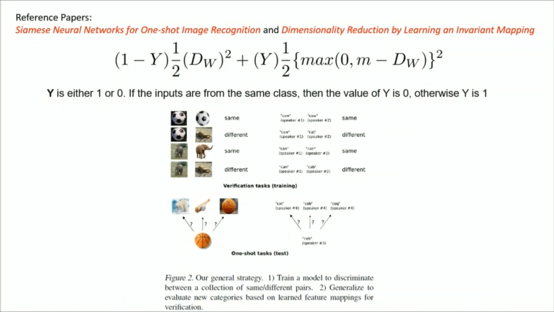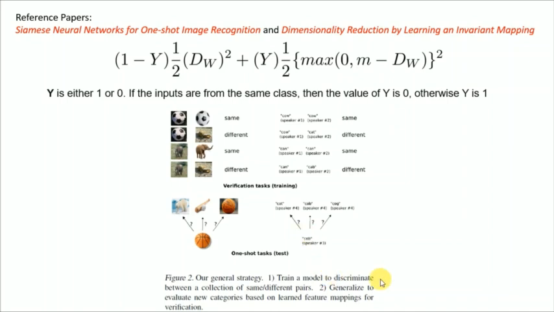If you decide that you want 1 to be for the same images and 0 to be for the different images, then do that for the whole training set. And if you decide that 0 should be for the similar images and 1 should be for the different images, then you also need to be consistent across your complete training set.